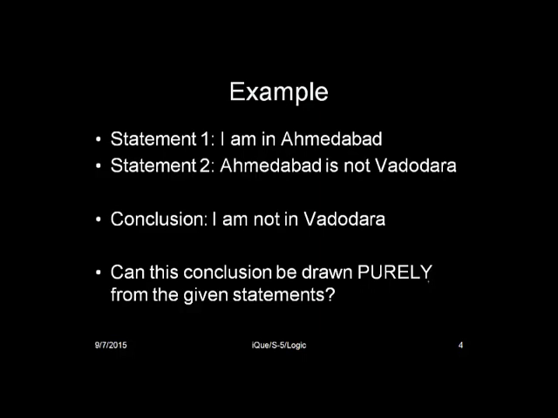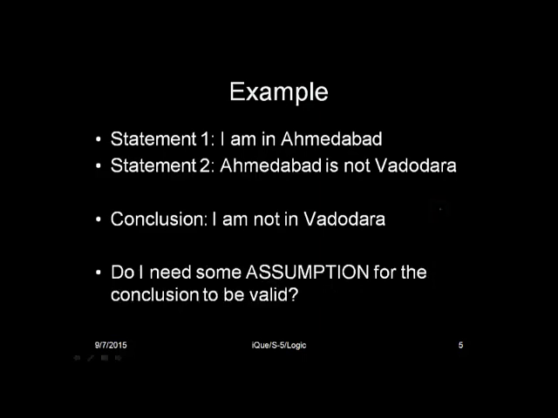Or is it possible that there is some situation where the given conclusion is wrong? So, in short, do I need an assumption, a third fact, to be true for the drawn conclusion to be valid? Or if I'm in Ahmedabad and Ahmedabad is not Vadodara, then for sure I can only conclude that I'm not in Vadodara. Think about it.